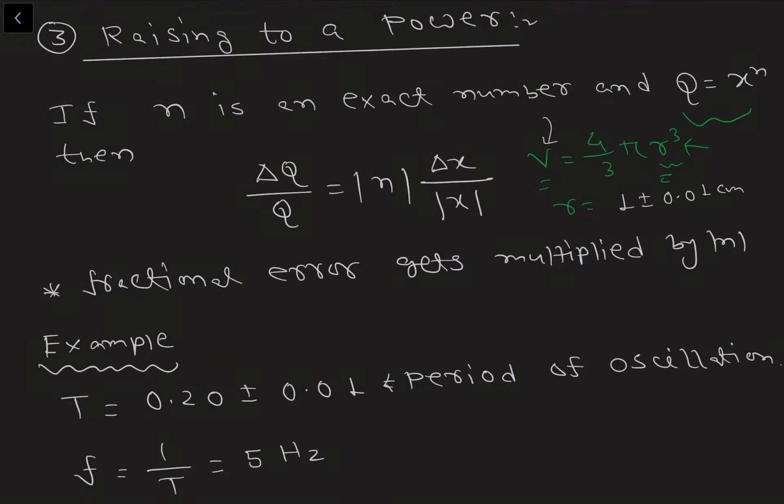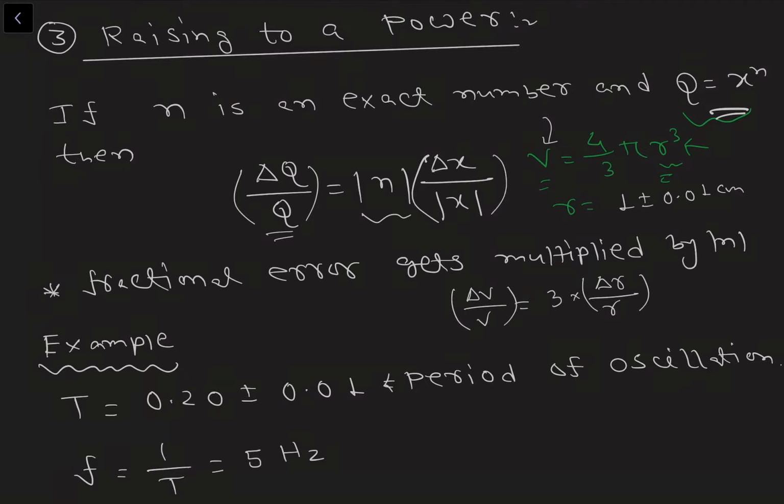Also in case of kinetic energy, it is half mv square. So in case of this kind of quantity, where we have to represent a physical quantity by a power of another quantity, the relative error in q will be modulus of n into the relative error of our measured quantity. In case of the volume of a sphere, it will become 3 into delta r by r.